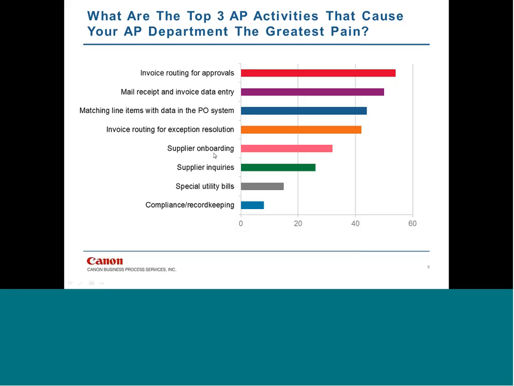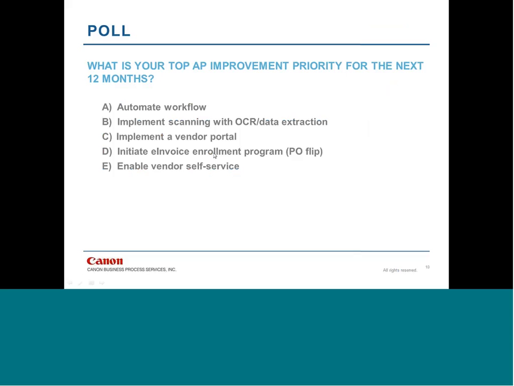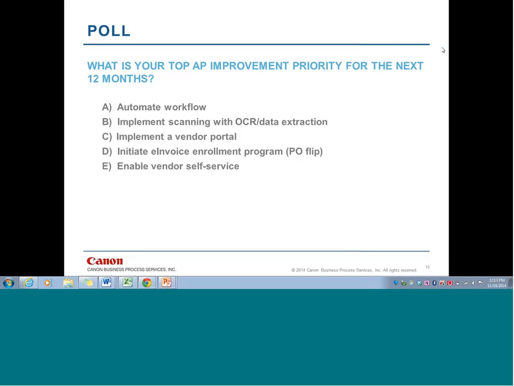We also, before we go any further, would like to ask a poll question here because we would like to compare how this audience responds to the questions that we have in the survey. Okay, so our poll question for today is, what is your top AP improvement priority in the next 12 months?